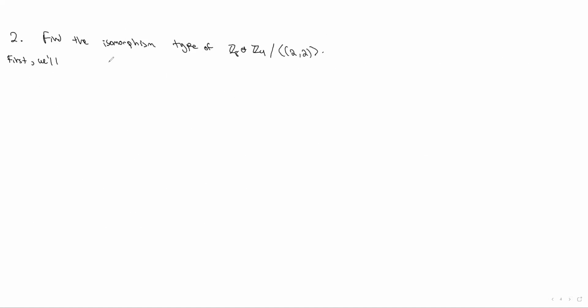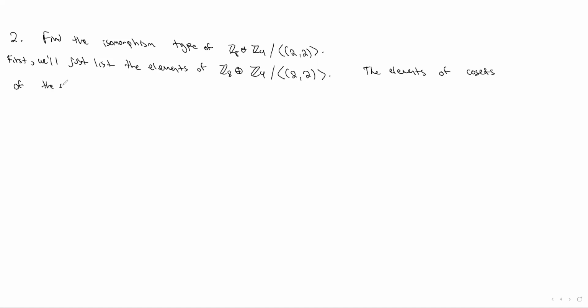So first we'll list just the elements. The elements are cosets of the subgroup generated by (2,2). And what is that subgroup? It has (0,0), it needs to have the identity.